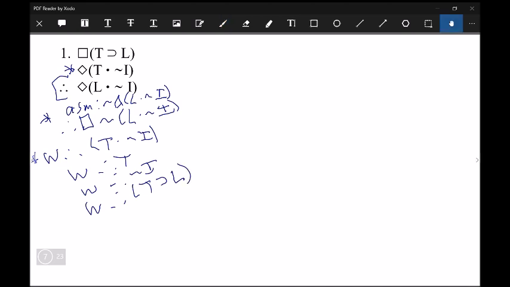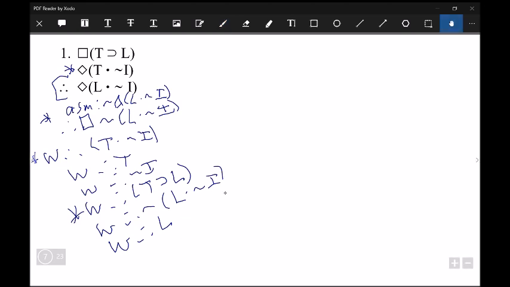Okay. And then this one, you've got to drop also into the same world W. So not the case that you've got L and not I. A couple more steps to get a contradiction. So T, if T then L, you've got in the same world W. Therefore you get L in world W. And then they're not both true.